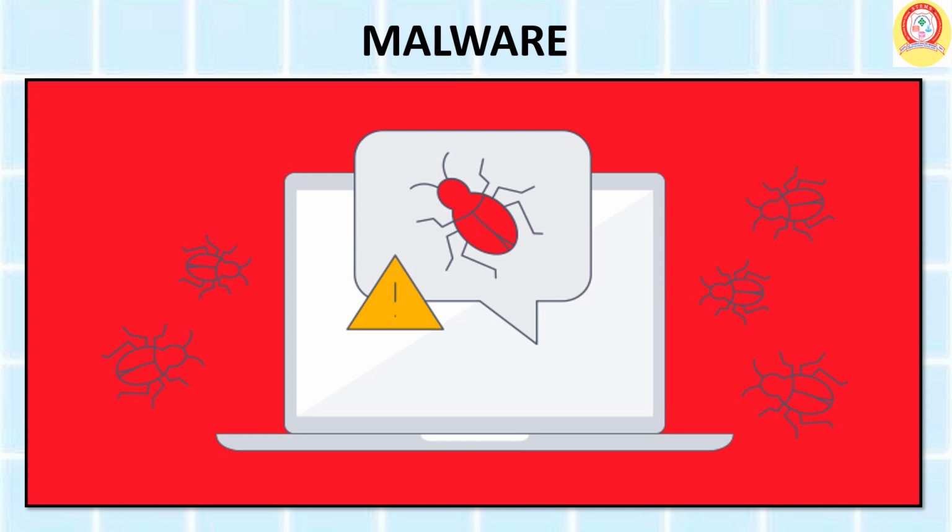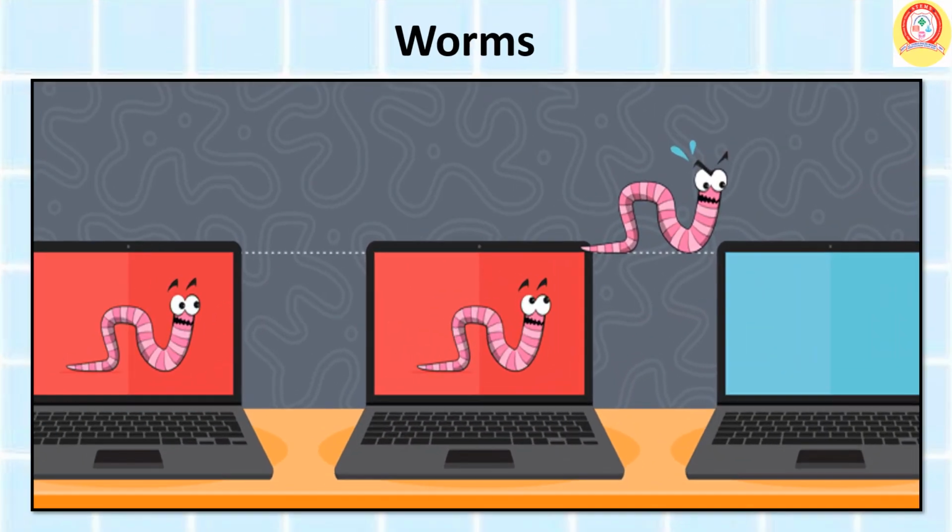Now children, let's talk about worms. A computer worm is a program capable of reproducing and spreading itself to another computer system, usually by means of a computer network. Worms spread without any human action and thus differ from viruses.